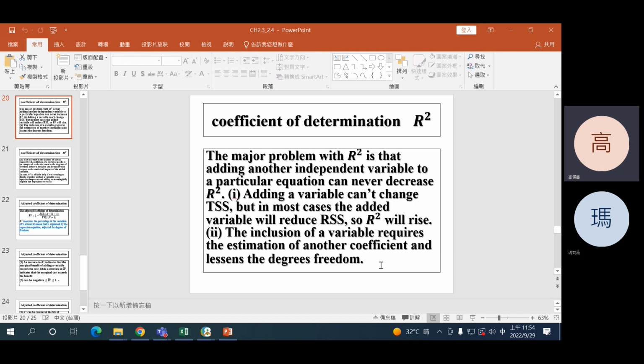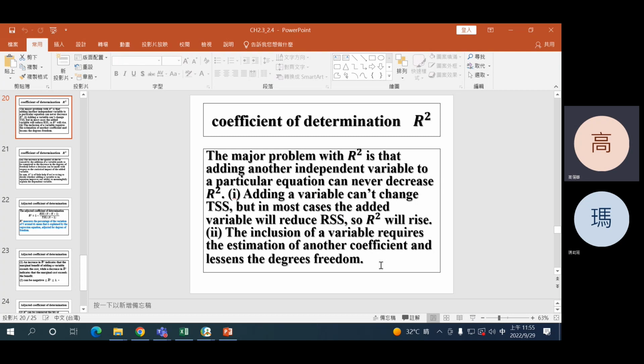If I have the model like this one, for example, and if I add one more variable, which you call x3, even though x1 and x2 are the variables that can explain the variation of the y well.